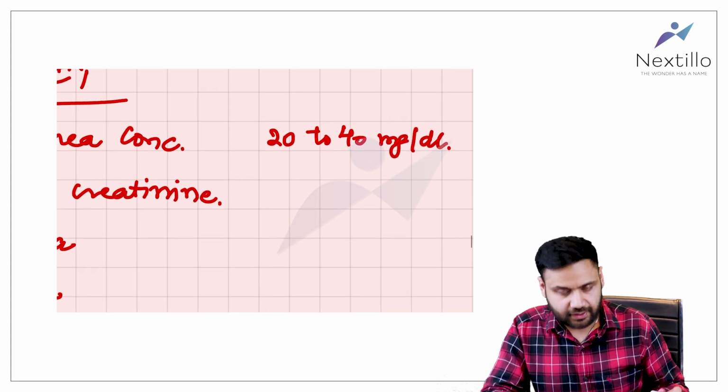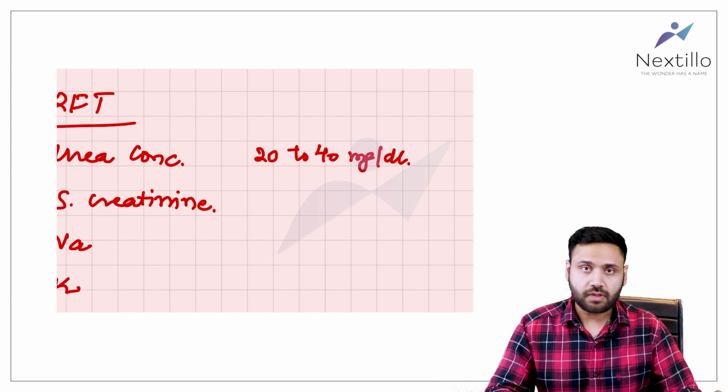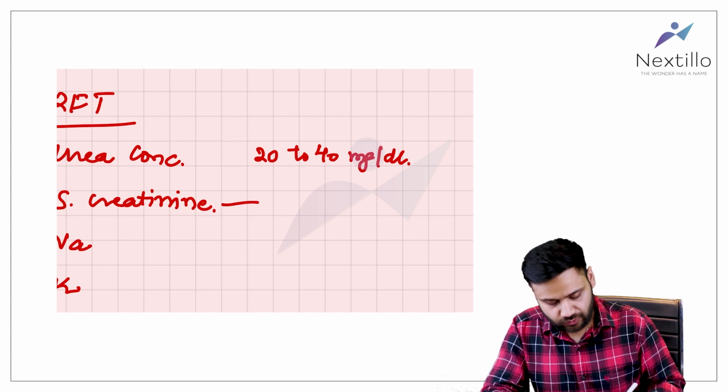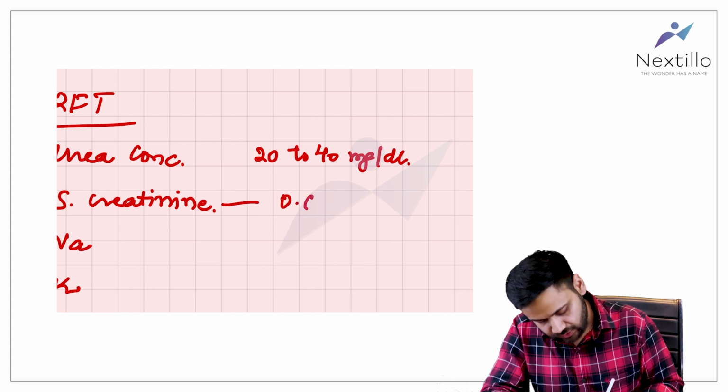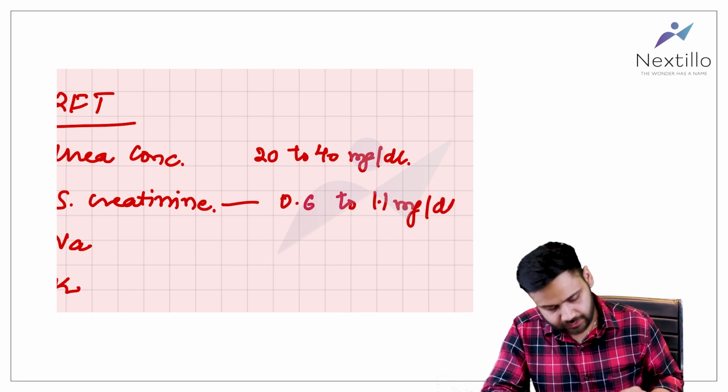The serum creatinine value may vary for men and women because of difference in muscle mass, but we could safely say it is normally between 0.6 to 1.1 milligrams per deciliter.